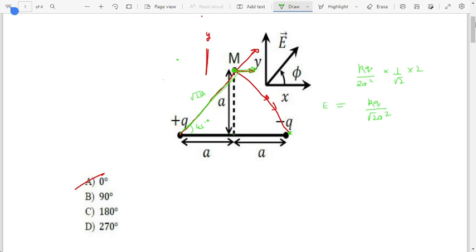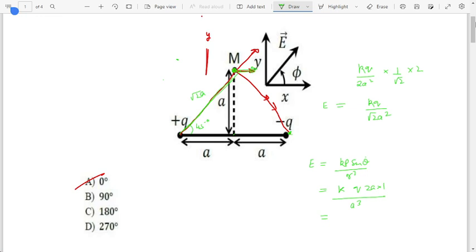What will we get if we use the result of the dipole? In that case, the result will be kp sin theta by r cubed. Theta is 90 degrees in this case, p is q into 2a, sin theta is 1, and r is a. So you can see you get a different result.